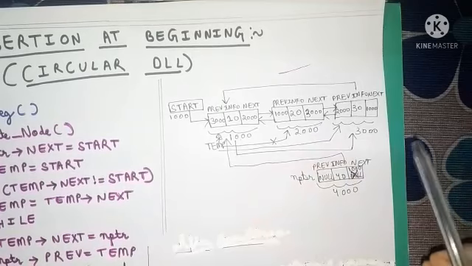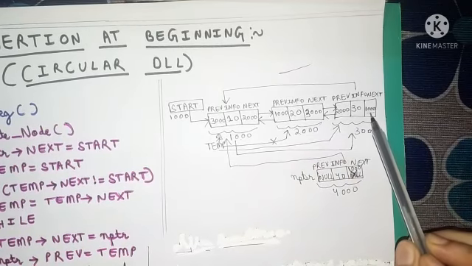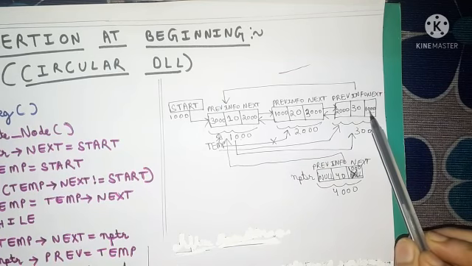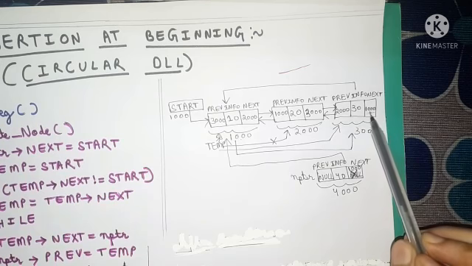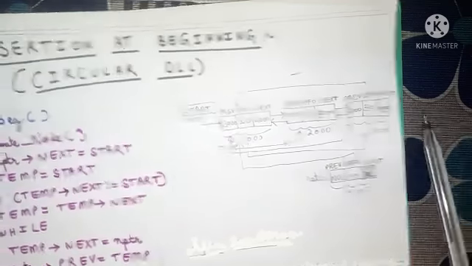After that it will check, while temp next not equals to start, this condition becomes false. Why does this condition become false? Because now at the end it is having the address 1000. That means it is pointing to start. So this condition becomes false and it will come out of the while loop.